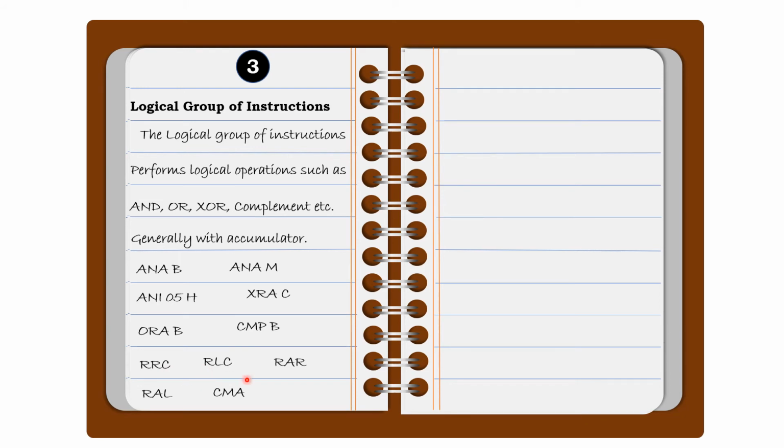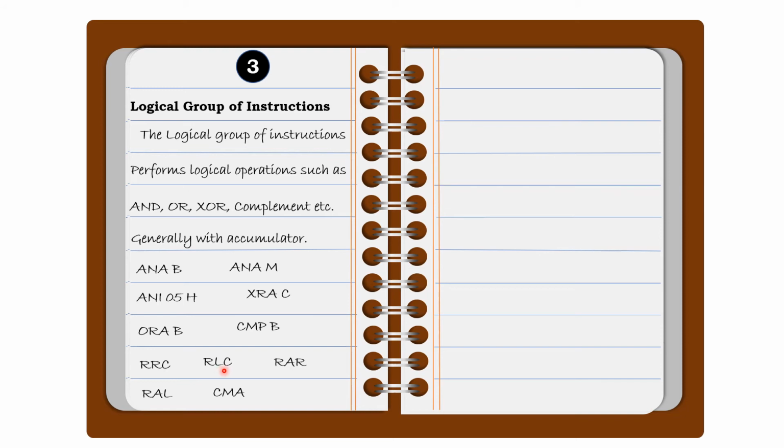RRC, RLC, RAR. RRC means rotate right the content of the accumulator by 1 bit. So whenever we want to make bit-wise operations, RRC, RLC, RAR, RAL are used. RRC is nothing but rotating right the content of the accumulator by 1 bit.